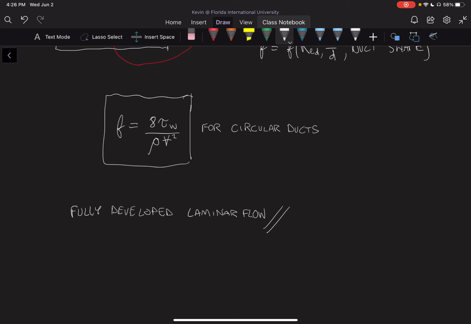And for fully developed laminar flow, an experimentalist called Poiseuille named this flow after himself. This is Poiseuille flow for a circular duct.